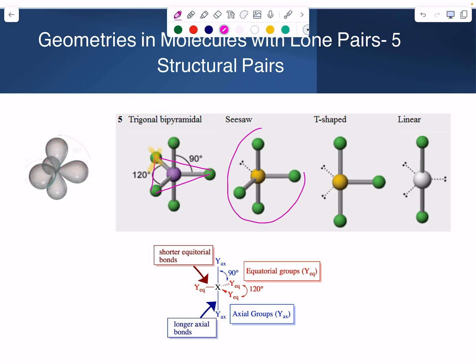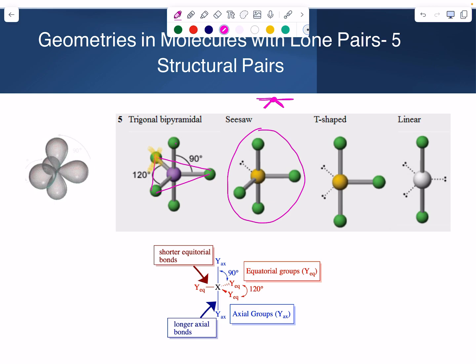This doesn't look much like a seesaw, but if we looked at it on an angle, you'd have your central atom here, and then sort of two atoms going down and two off to the side. So it really does look like a seesaw.